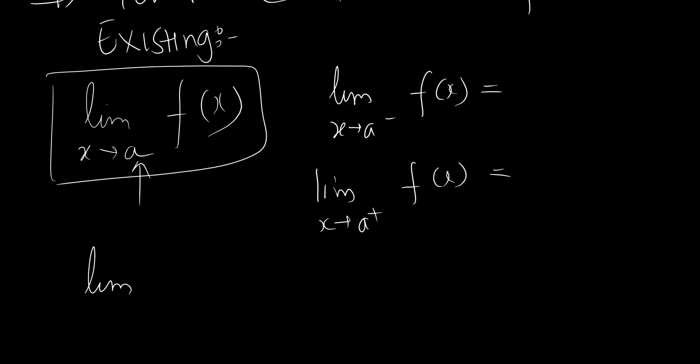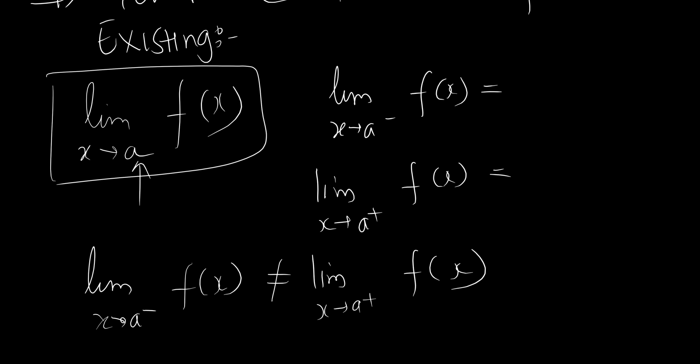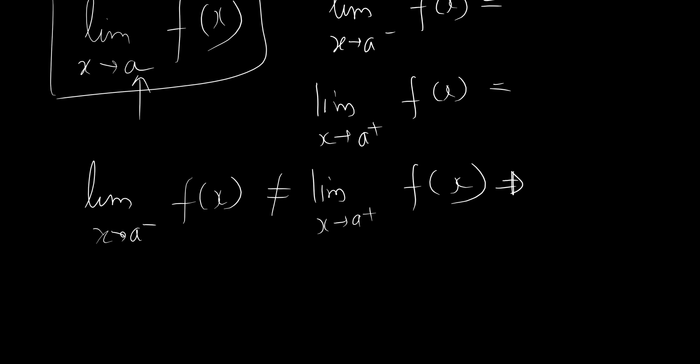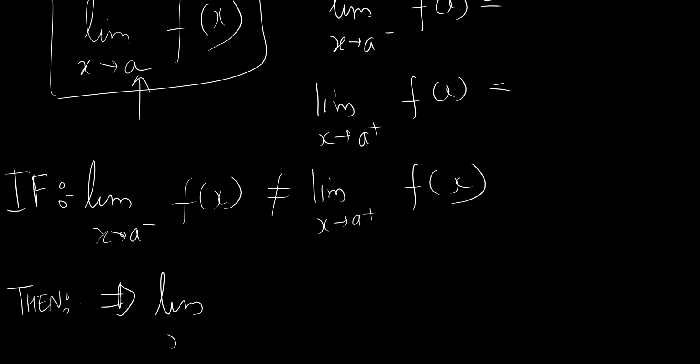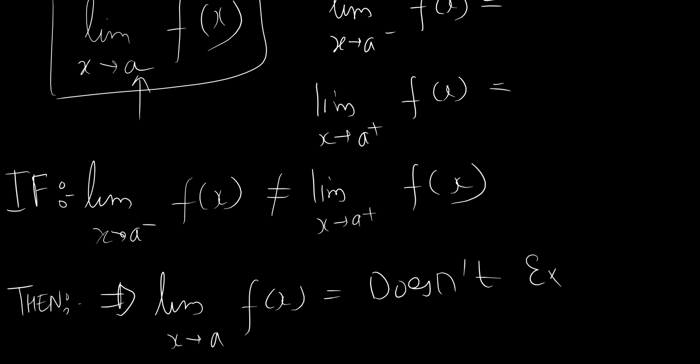So if limit x tends to a minus of f of x is not equal to limit x tends to a plus of f of x, then limit x tends to a of f of x doesn't exist.